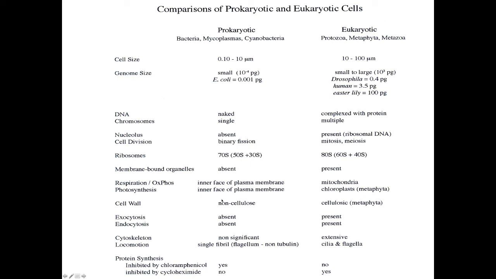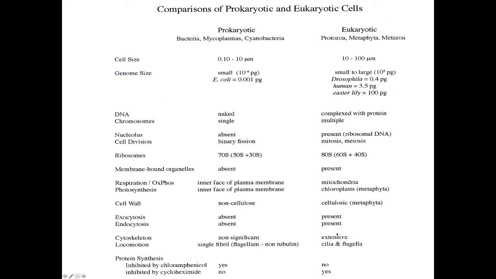Bacterial cells have a cell wall. You'll talk about this in microbiology, but it's not a cellulose cell wall like plant cells have. Eukaryotic cells undergo the process of exocytosis and endocytosis. We'll talk about this in some detail later in the course. This doesn't really occur to any extent in prokaryotic cells.